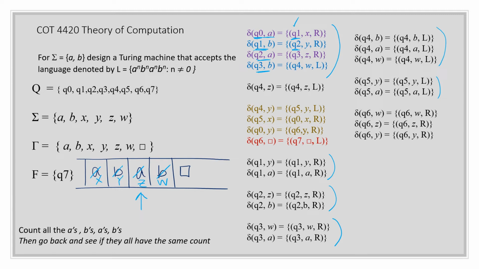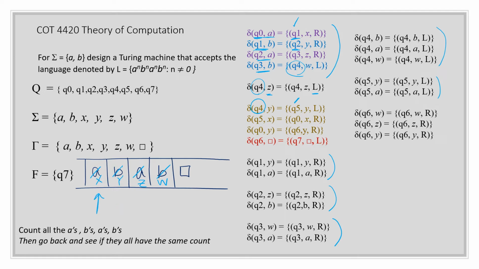All right, so now we are in Q4. We have encountered a Z. So if we're in Q4 and we encounter a Z, we're going to stay in Q4, and we're going to move left. Now we're in Q4, and we have encountered a Y, so we are going to move to Q5, but we're going to leave the Y and move left.